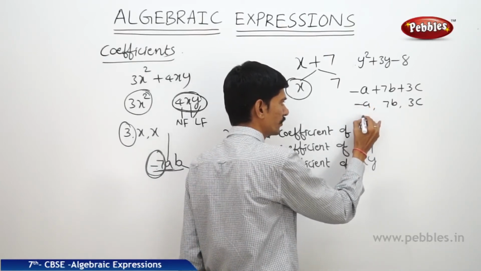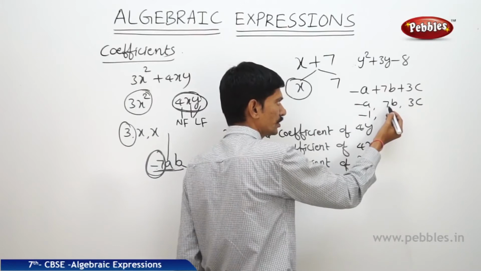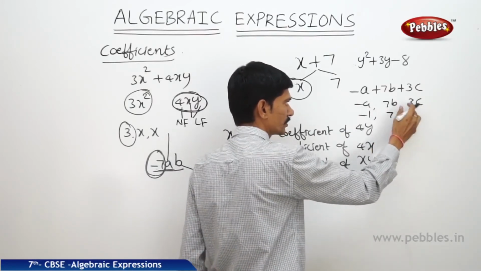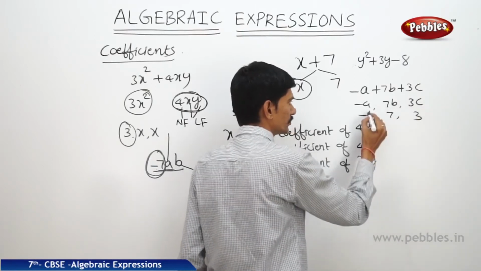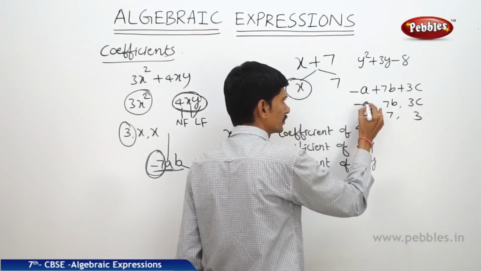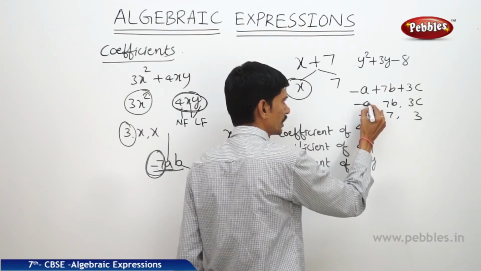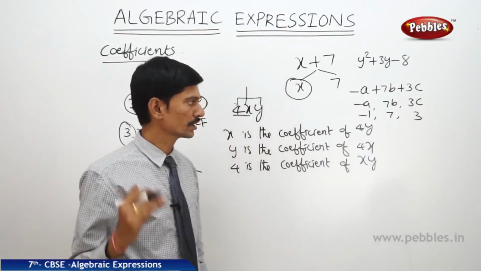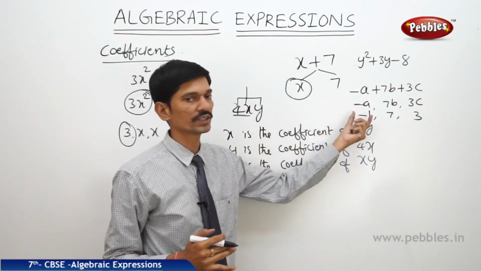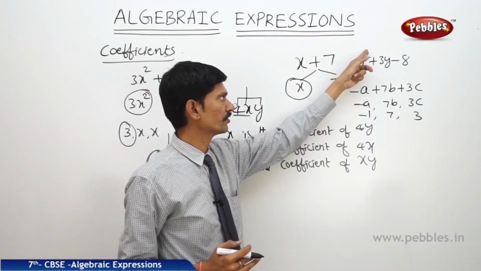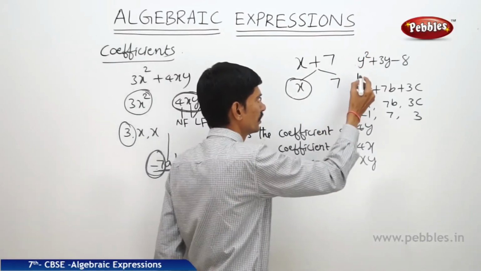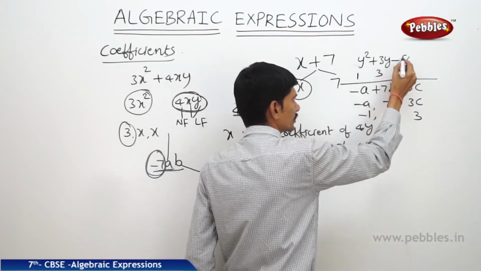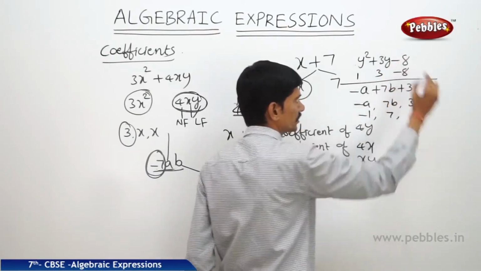The numerical coefficient of the second term is 7, and of the third term is 3. So when there is a variable with a negative sign and without any coefficient mentioned, we should understand that its coefficient is always minus 1. In the earlier expression, the coefficient of the first term y square is 1, the coefficient of the second term 3y is 3, and the third term is a constant, that is minus 8.